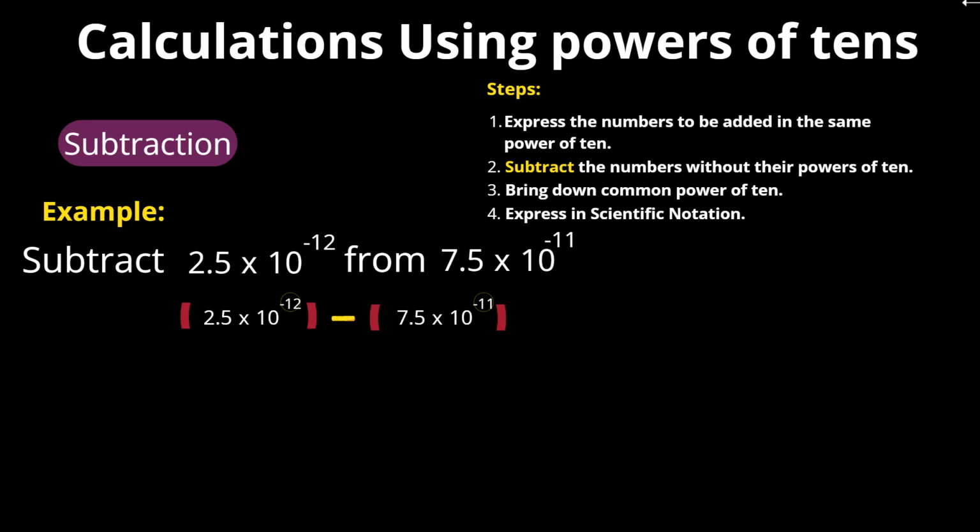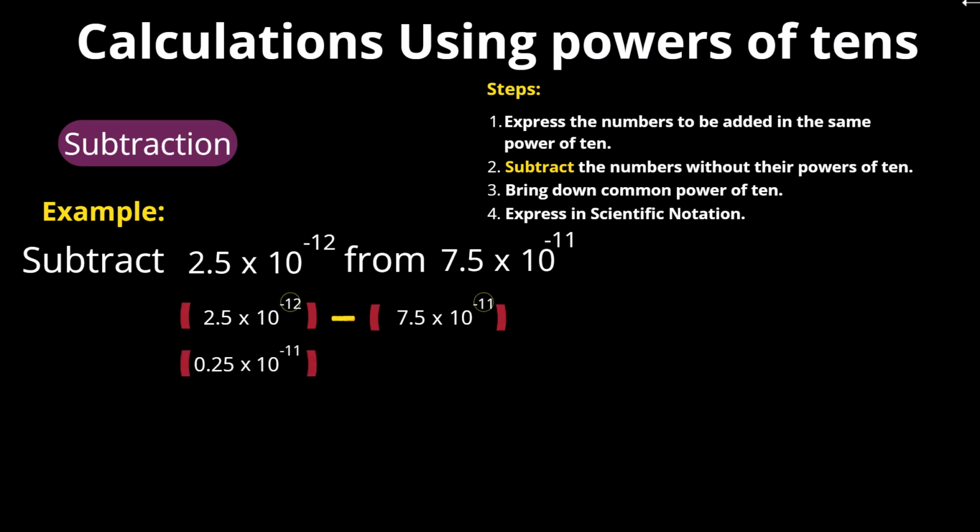Now let's look at the exponents and express the numbers in the same power of 10. When the exponent is positive, we want to decrease it and move to the right. When the exponent is negative, we want to increase it and move to the left. So let's increase the negative 12, because negative 12 is less than negative 11.